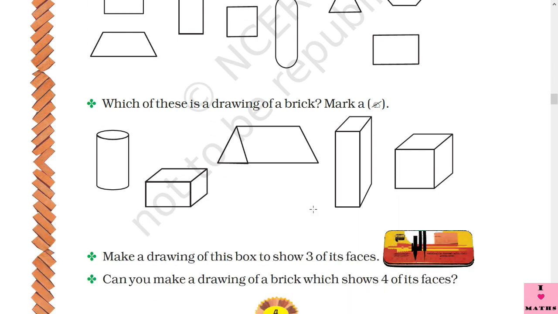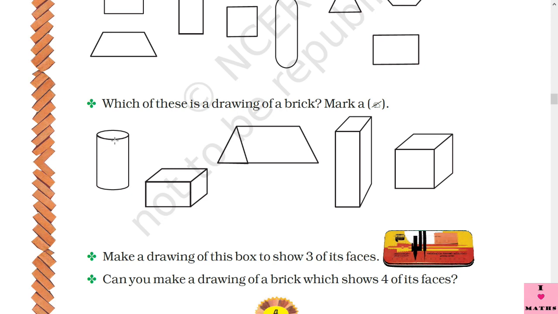Now children, you have to find out of these drawings which drawing resembles the brick. Now the first one, this is a cylinder. A cylinder has one curved face and two flat faces.